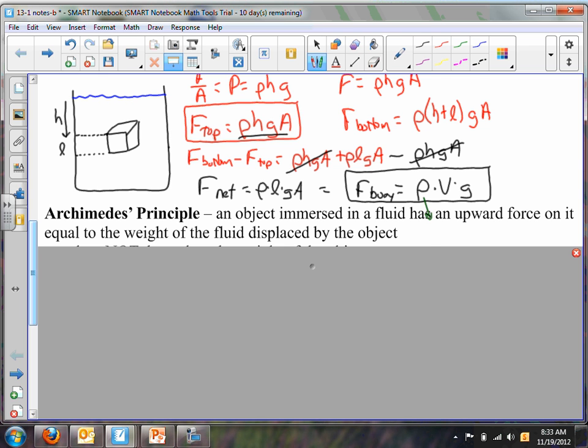Density, we know, is mass over volume. Take that times volume times g, we're left with m times g, which we know is weight. So the upward force, your buoyant force, is equal to the weight of the fluid displaced by the object.